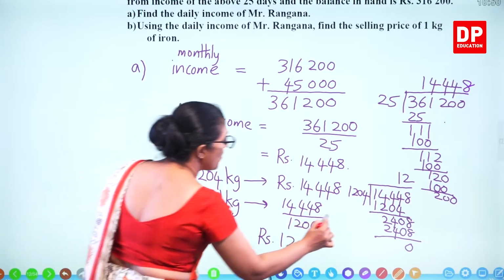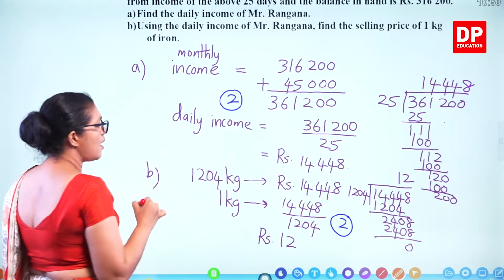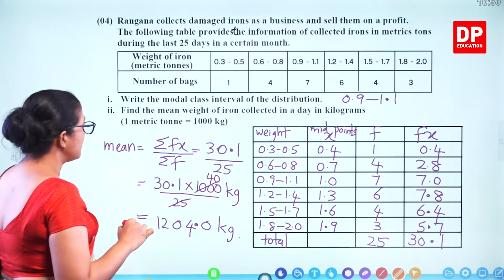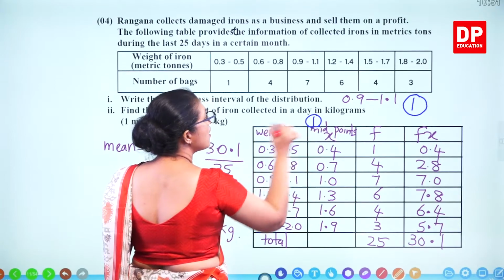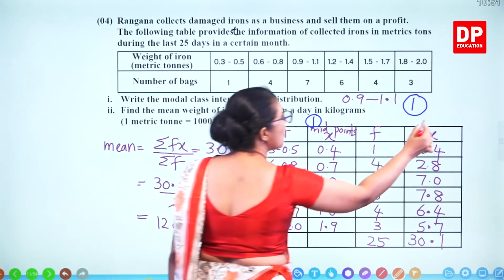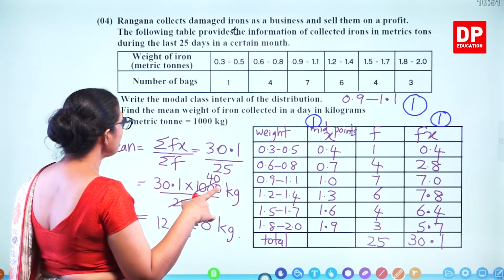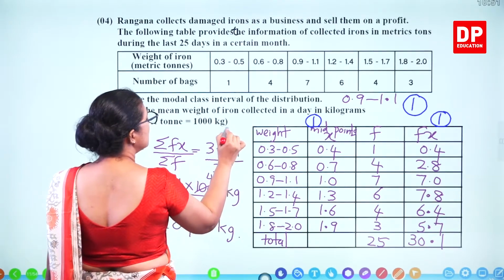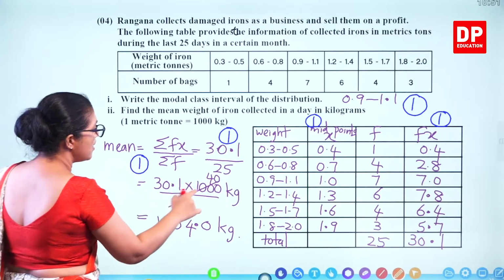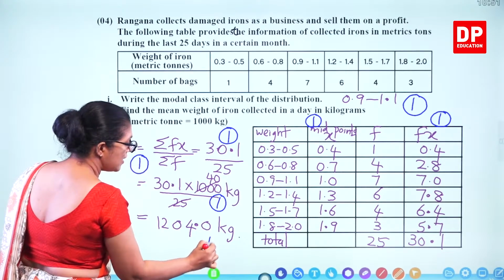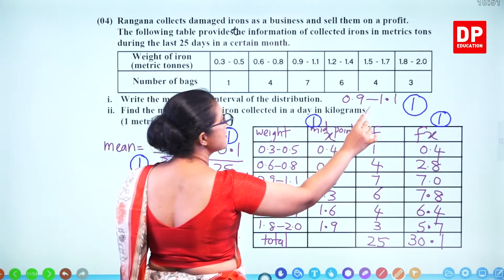We can give 2 marks here and 2 marks for finding daily income, and 1 mark for the modal class, 1 mark for the midpoint, 1 mark for the fx, and total fx and taking this 1 mark, and here 1 mark, and finding the kilogram value 1 mark. 1, 2, 3, 4, 5, 6, 7.